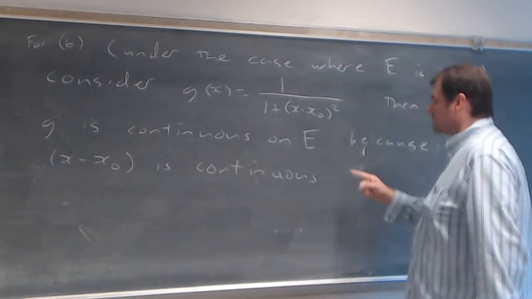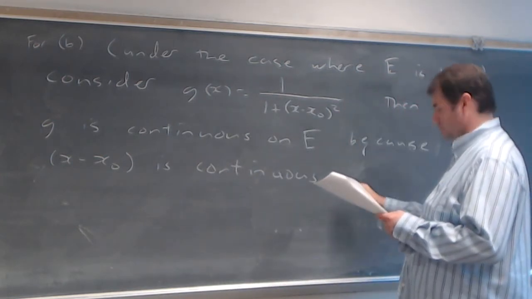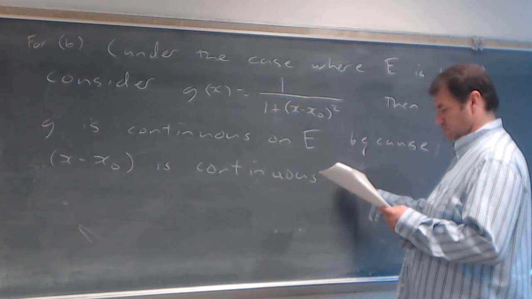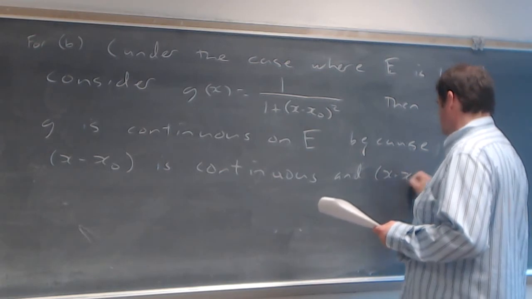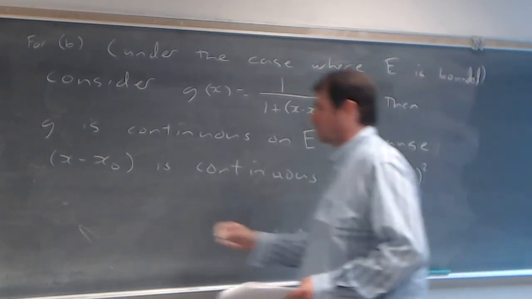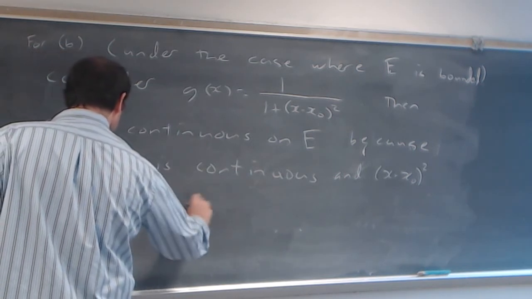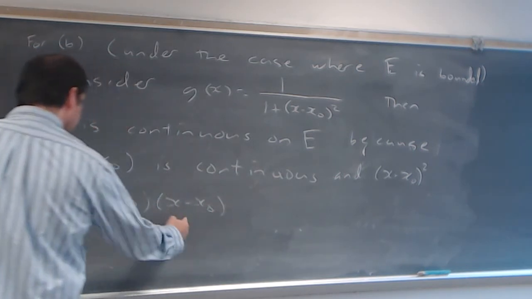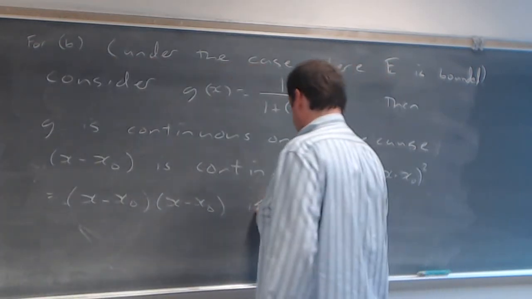It's continuous, so if you square it, you're multiplying it by itself. So if you take two continuous functions and multiply them together, you get a continuous function. So this is continuous.